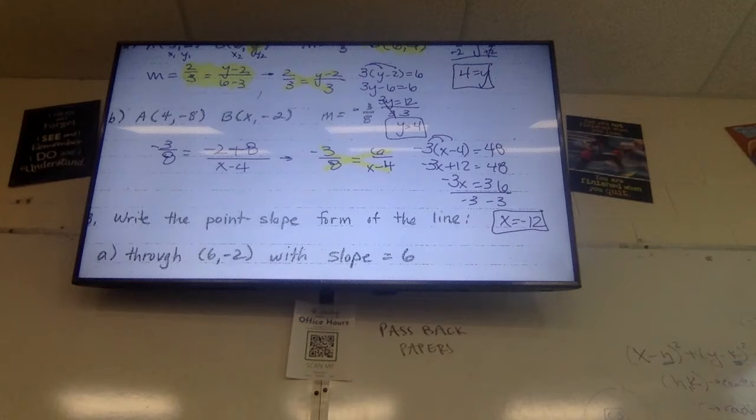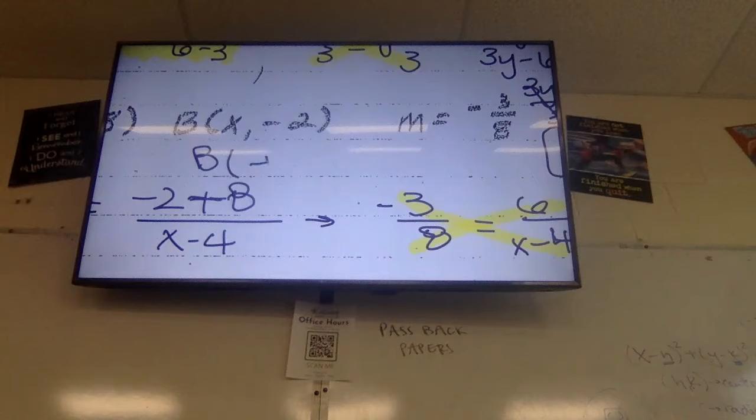You got x equals -12. Is that what you guys got? Yep. So I would write B is -12, comma -2. Ooh, I did not want to do that. Go back.